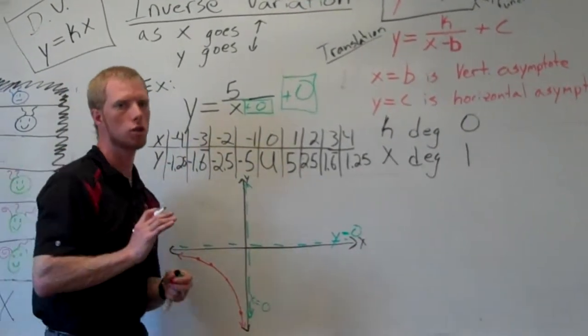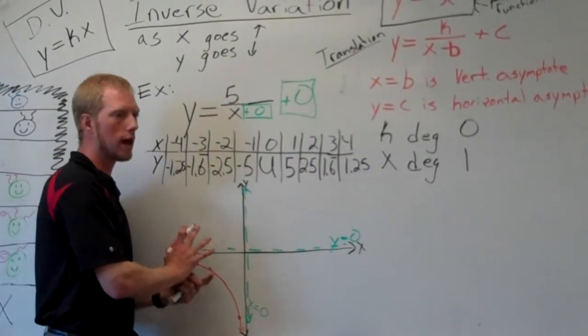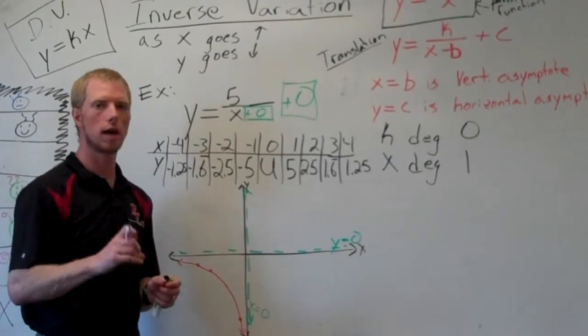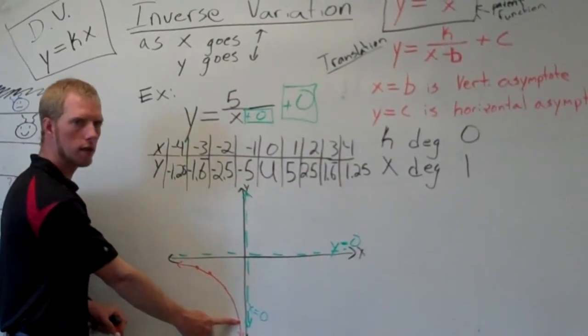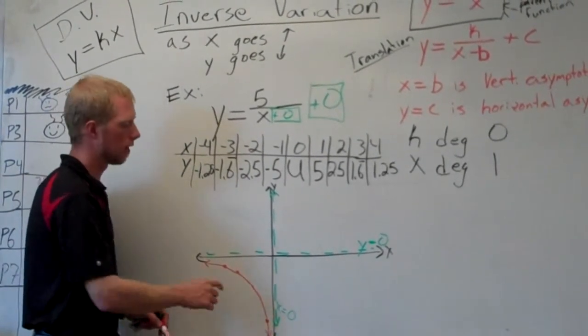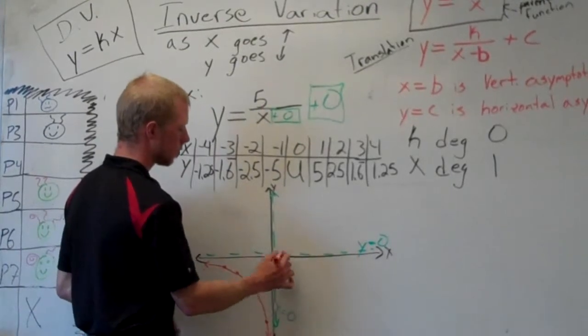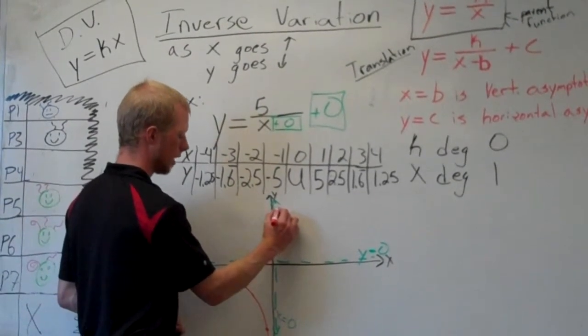It is very important to note, guys, this does not have to be entirely accurate. You need to make it as proportional as you can. So my -5 was about twice as far down as my -2.5. I get the same sort of thing up here. When I put in 1, I get 5.